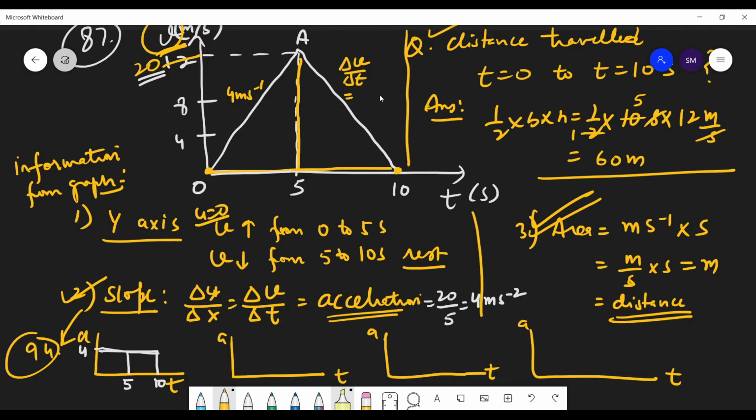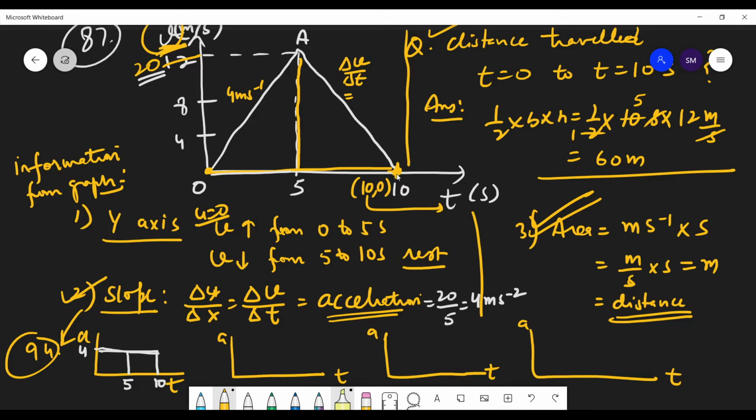See, here the time is 10 second. Tell me the coordinates of this point. 10, 0. So 10 is your time and 0 is your velocity at this point.